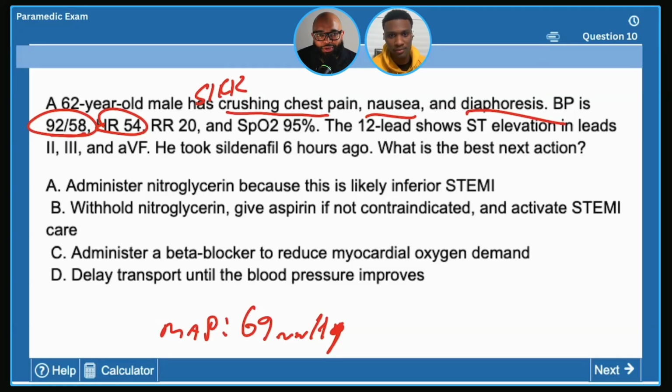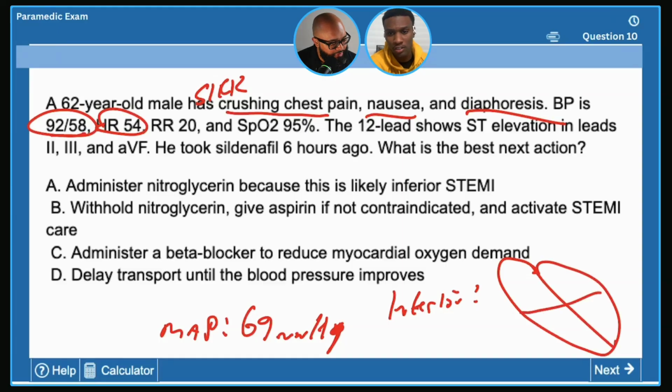Even without an EKG, what type of infarct am I likely to suspect because he has bradycardia versus not having bradycardia? Inferior. Why would you suspect an inferior involvement? Because I'm thinking the right coronary artery.